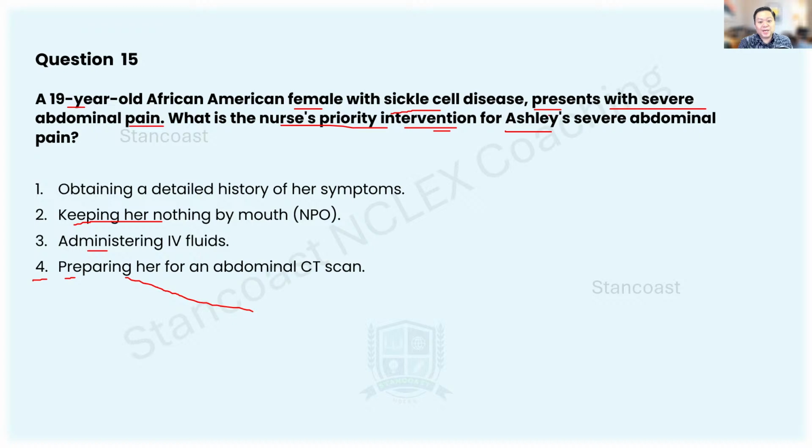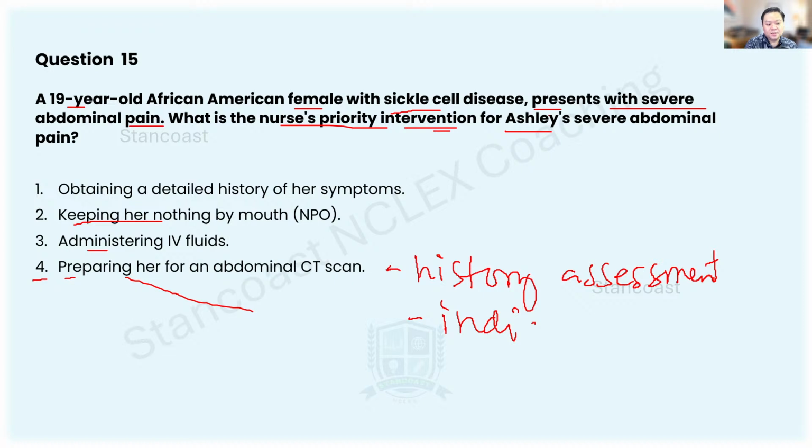well-being. But before we are going to prepare for abdominal CT, we're going to have to do history taking. History assessment is important. Okay. We need to know what is the indication as well. Before the doctor can order a CT scan, they need to know the reason.